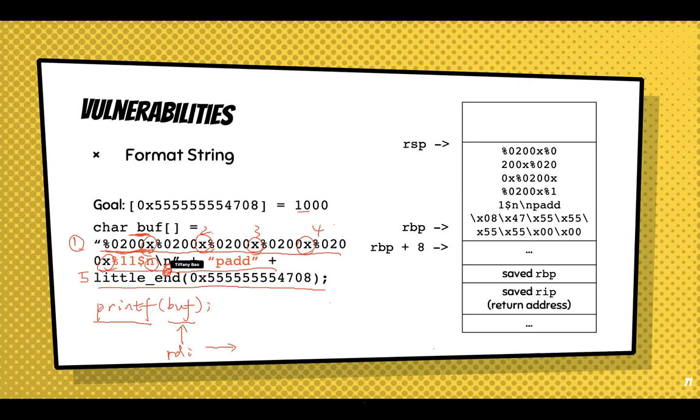Give me a second. Let me just erase it. It looks too sketchy. Okay, so this is number 6. And for the first 5, they're all %x, which means it's going to output something.